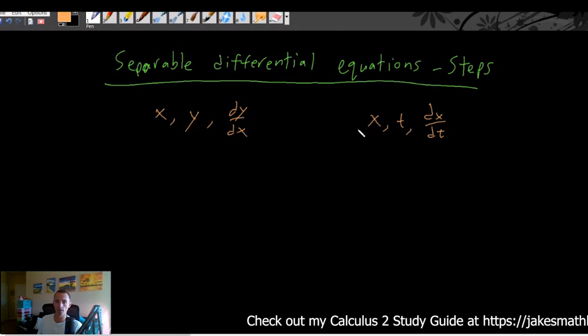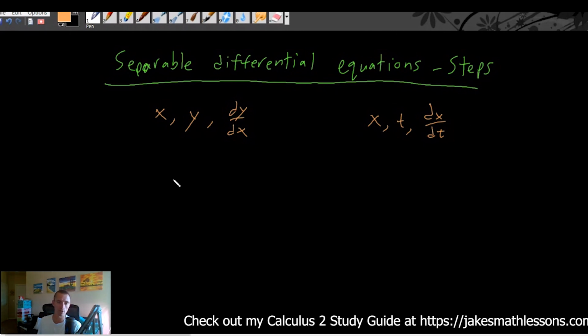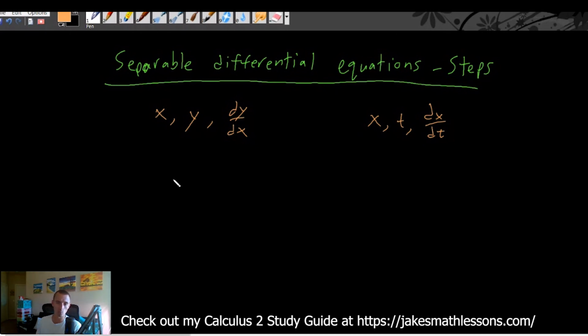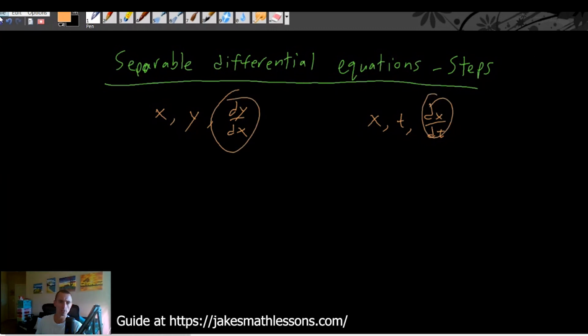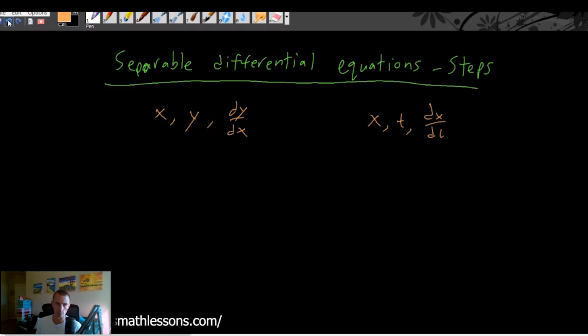So you have three different letters: one's a function, one's a variable, and then your dy/dx or dx/dt just represents the derivative of your function with respect to your variable. So an equation that contains those three things is considered a differential equation.